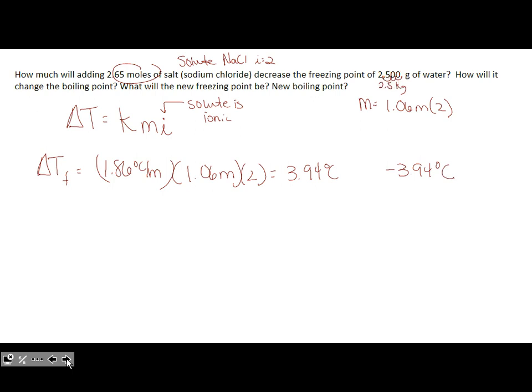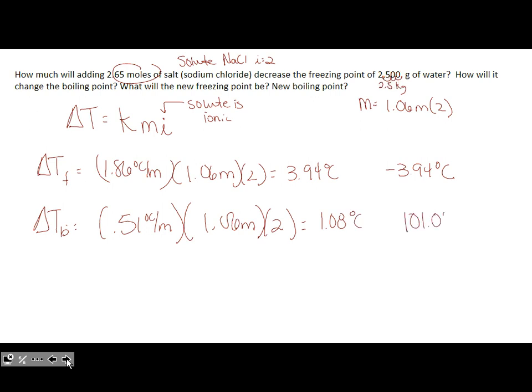We could do the same thing for the boiling point, except we're going to use the boiling point constant for our solvent, water. And our new boiling temperature is 101.08 degrees Celsius.